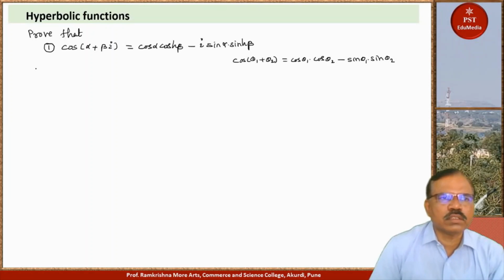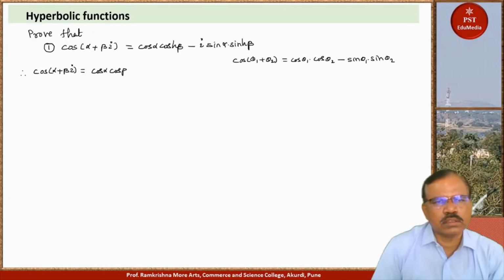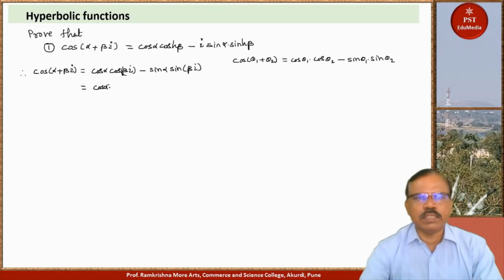So here we can write, therefore, cos of alpha plus beta I is equal to cos alpha into cos beta I minus sin alpha into sin beta I.